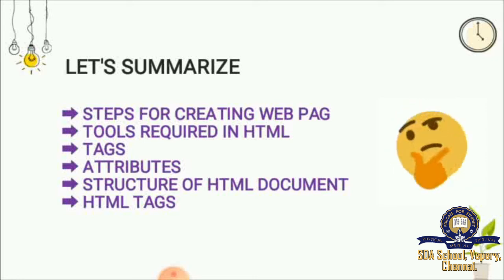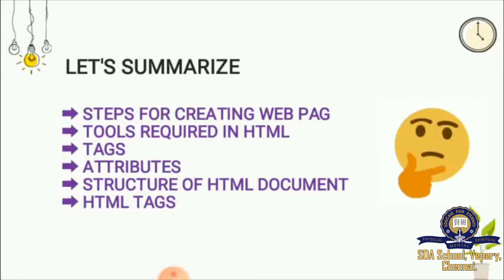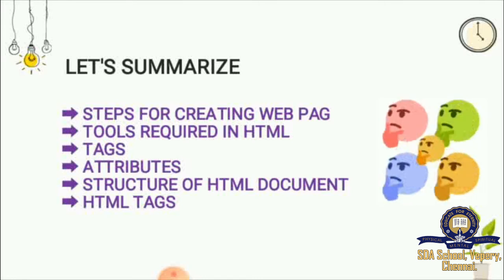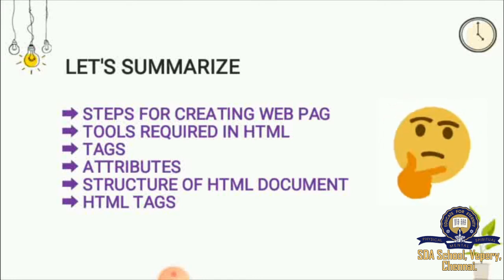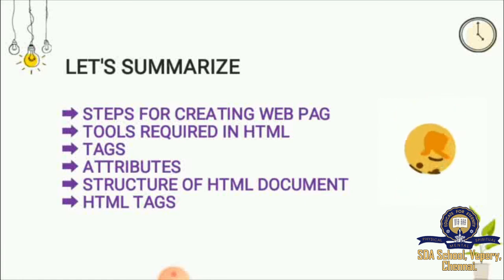A tag which has both start tag and end tag is called a container tag. Tags that have only a start tag are called empty tags. This tag represents the formatting options such as line break, horizontal ruler, paragraph setting.